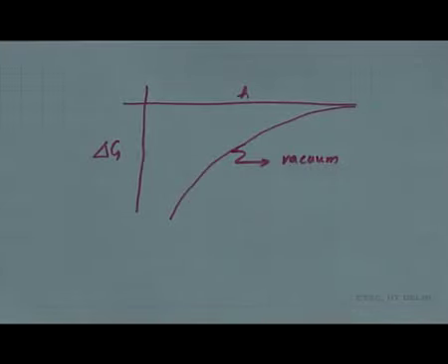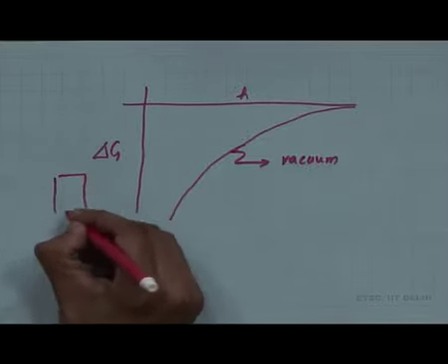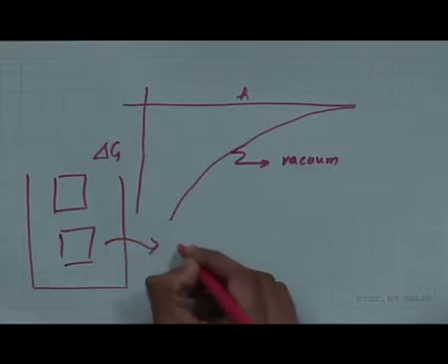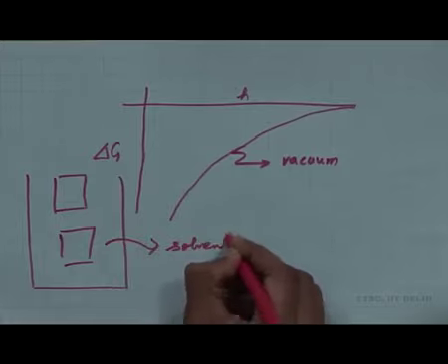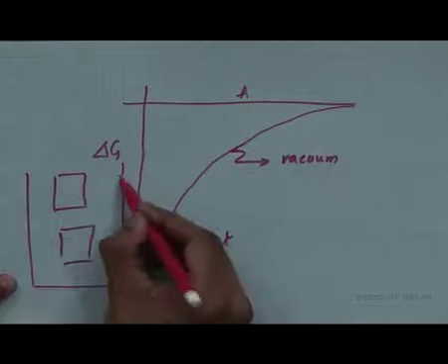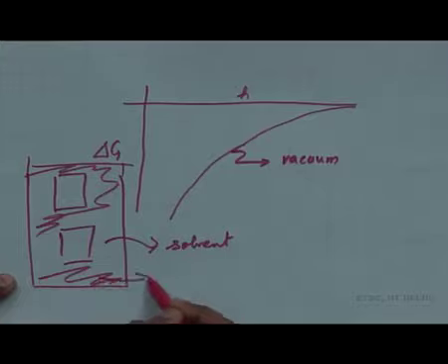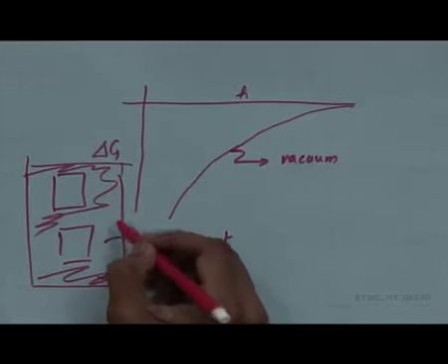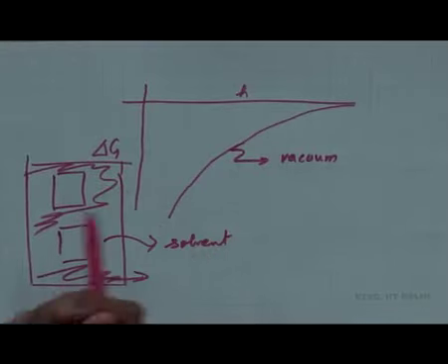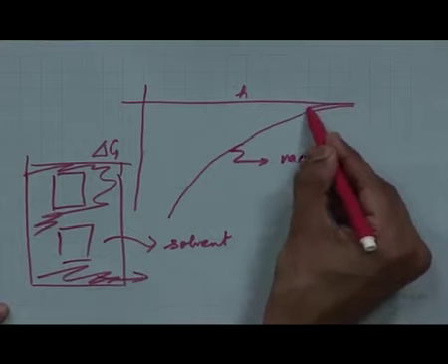If I put this into a medium, which is something that we need to consider, because the typical situation that we are looking at is that we have colloidal particles and we have a solvent, let us say water. So, we need to consider what is the effect of this medium on the work that is being done when these two particles come together, and you will find that the energy requirements are lower than this.